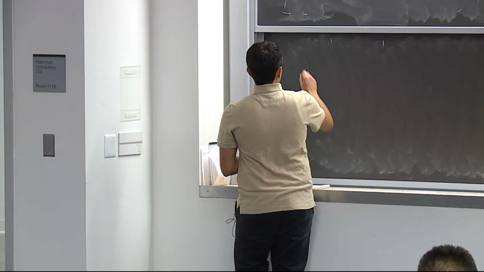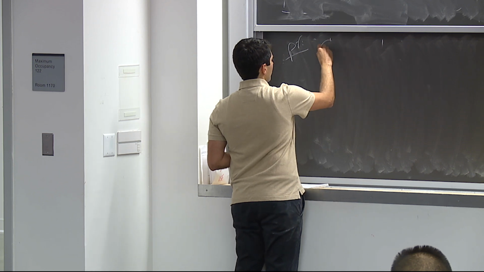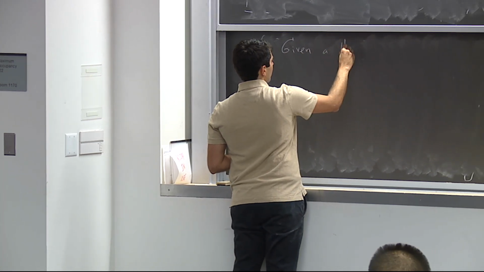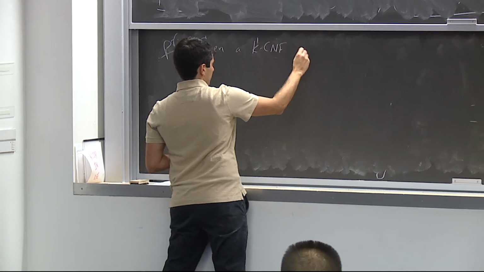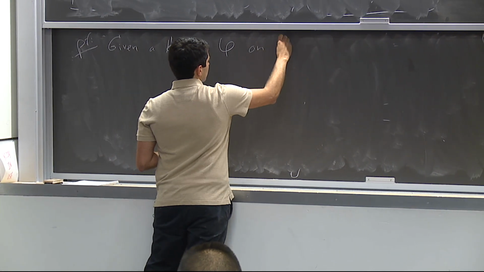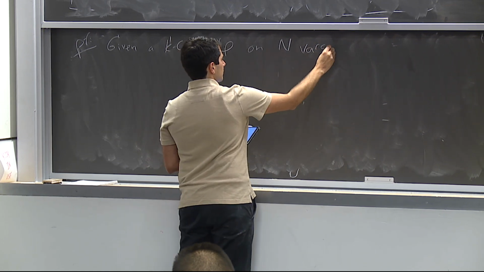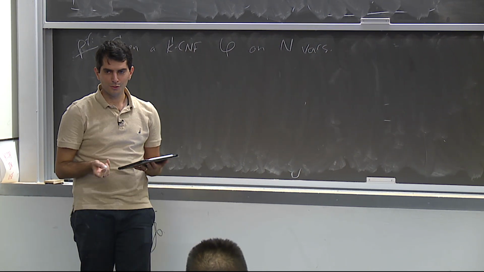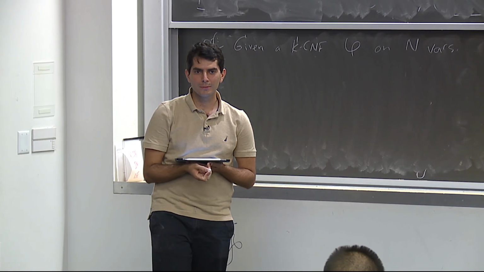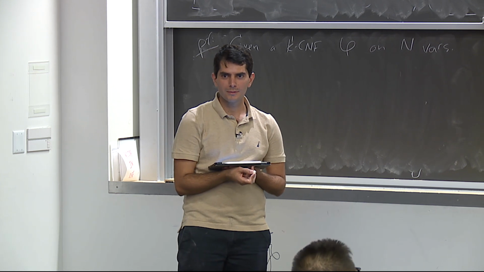So here's the proof. We're given a CNF formula, right? A KCNF. By the way, anyone who hasn't seen it wants to guess how it works? How do you go from an exponential problem to a quadratic problem?